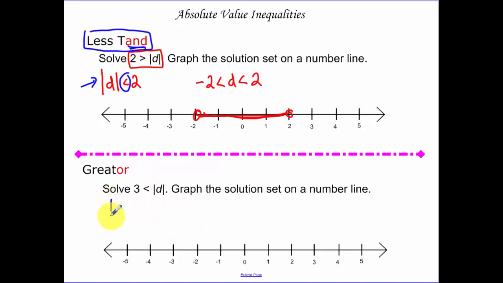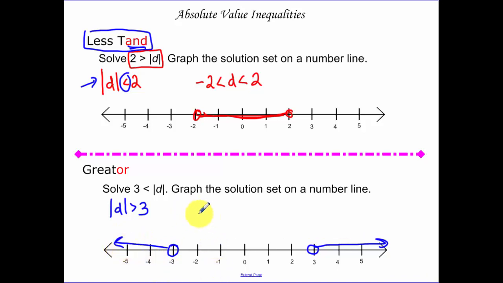Now let's look at the absolute value of D greater than 3. Notice how my trick only works with the absolute value on the left side. So what number's distance from 0 is greater than 3? Well, that's 3 and all these numbers to the right, and then -3 and all the numbers to the left.